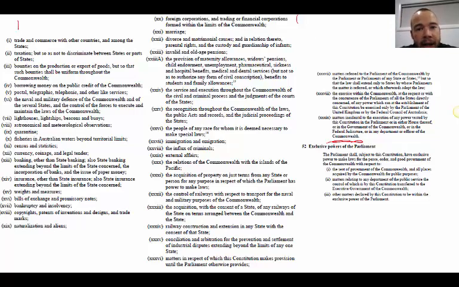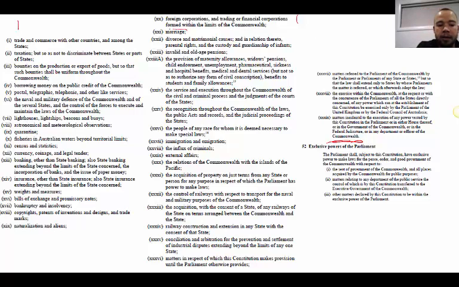And nearly all of these are concurrent powers. So as we can see, if you're good at Roman numerals, that is 39. So there are 39 things that the Commonwealth is given lawmaking power over. And again, as I said, most of these are concurrent powers. So we know examples to use.